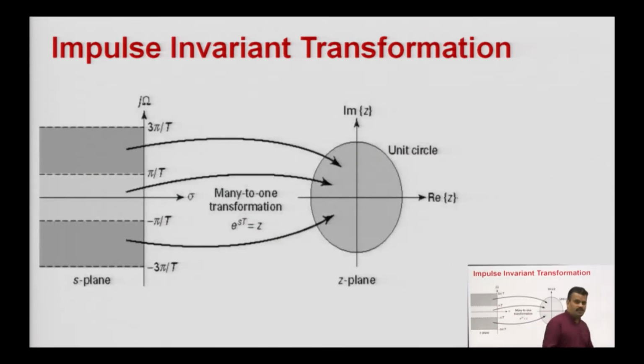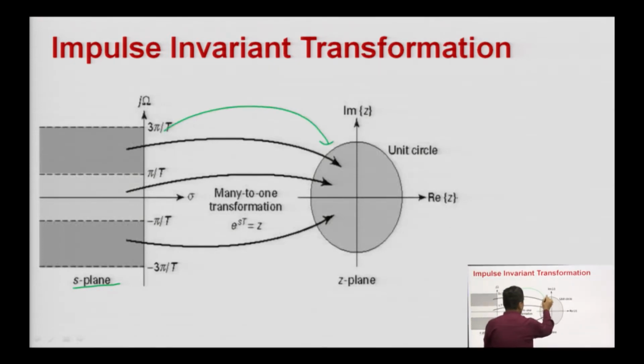This is the mapping diagram. You can see in my PPT how you map, transform, or convert your s plane into the z plane. These values are available in the s plane, or you can say these are your analog filter values. You are partitioning, sectorizing, and converting these s plane values into the z plane of the unit circle, because whenever you draw the z plane, it can be recognized by its unit circle.